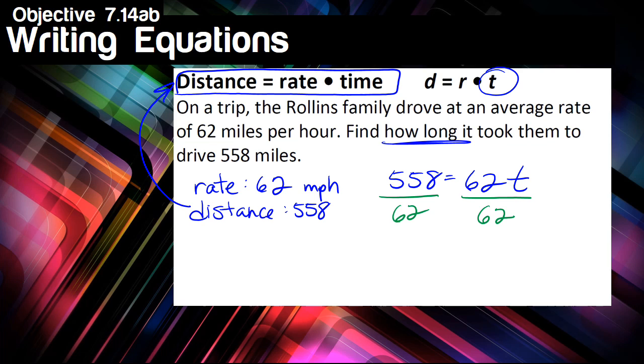And what you can do for this problem is you can use a handy dandy calculator to do this problem here. So we're figuring out our time is going to be equal to, when we do it in our calculator, comes out to 9. So we can say our time is equal to 9. So we're talking about seconds, minutes, or hours. So our key is found in the rate right here. We're talking about hours. So this little family road trip took 9 hours to get to grandma's house.